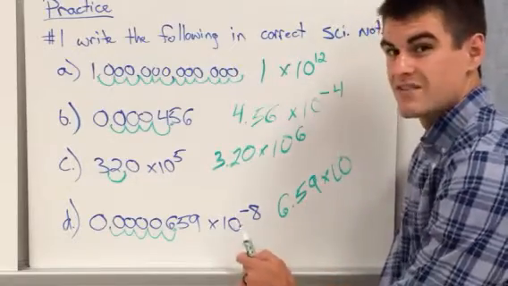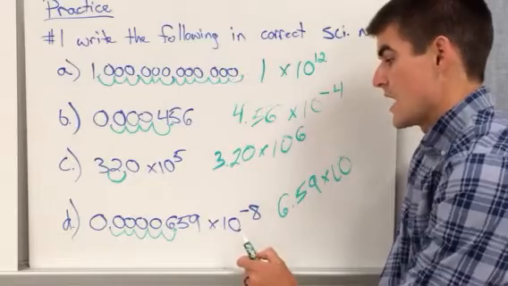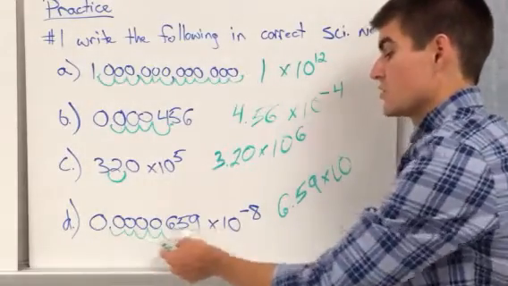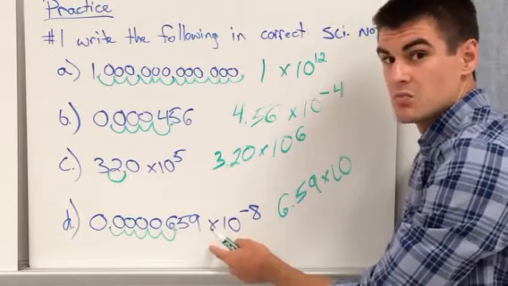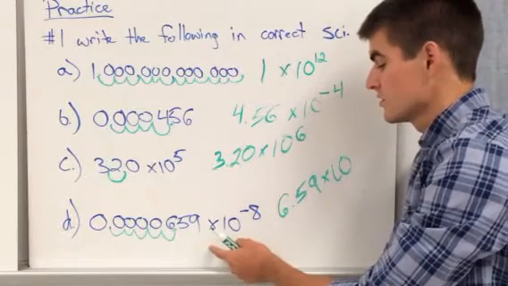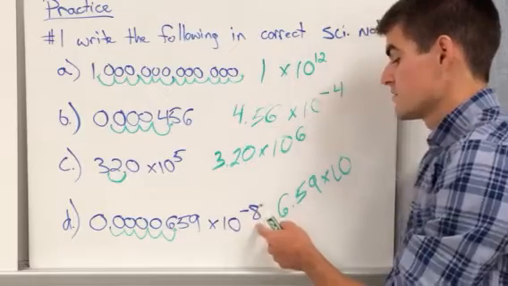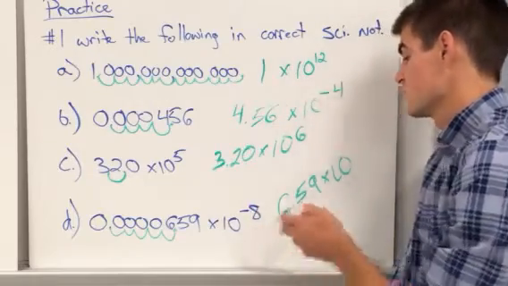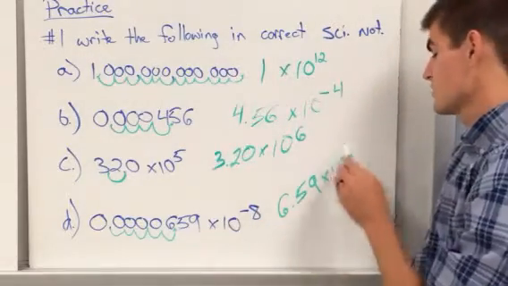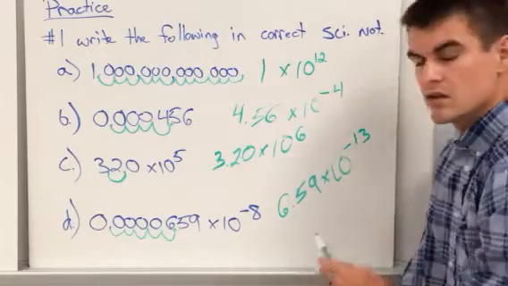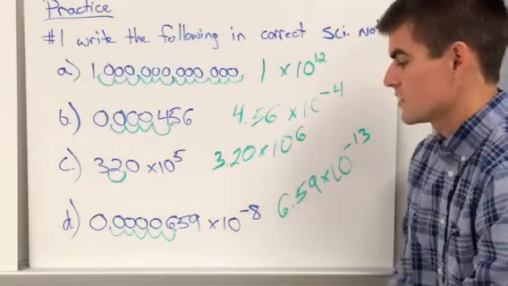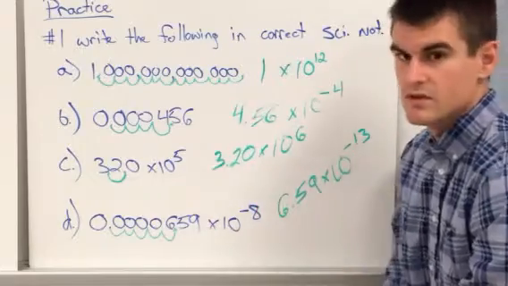Well, I was at -8. I moved it to the right, so that means it's more negative. We moved it 5 spaces to make this more negative, so from -8, that's 5 more spots. -13 is our final answer there. Kind of a tricky one, even more tricky when I put 2 decimals in there.